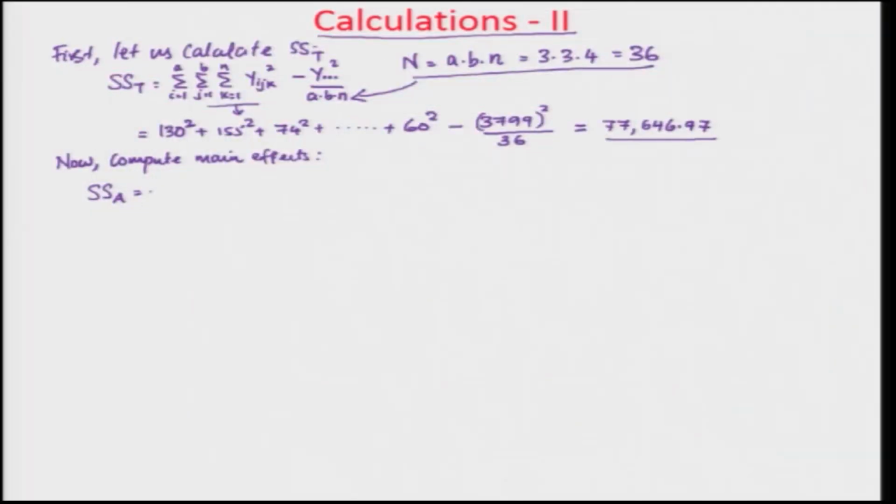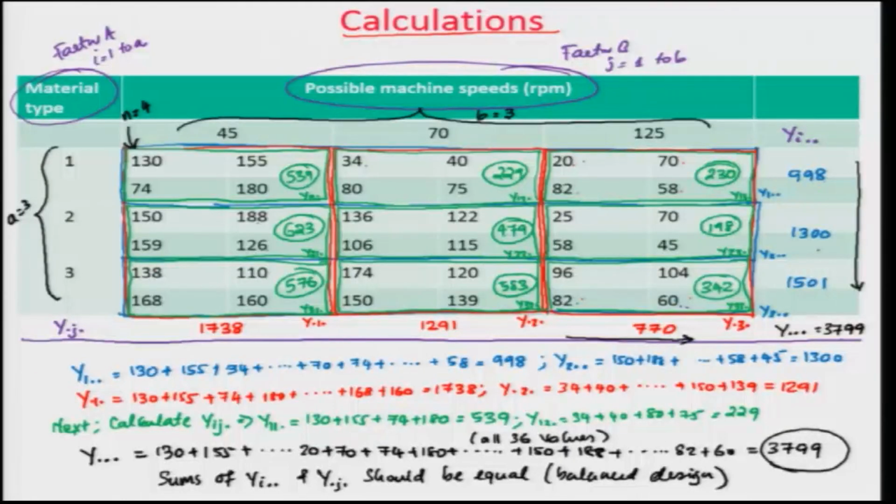So you can also call it sum of squares of material, that is also fine, or you can call it A and use sum of squares of A. That equation, remember, is 1 over Bn multiplied by the summation of i equal to 1 to A of y_i dot dot square, minus y dot dot dot square over ABn. This was our equation. So if you plug in the values, the y dot dots are 998, 1300, 1501, right.